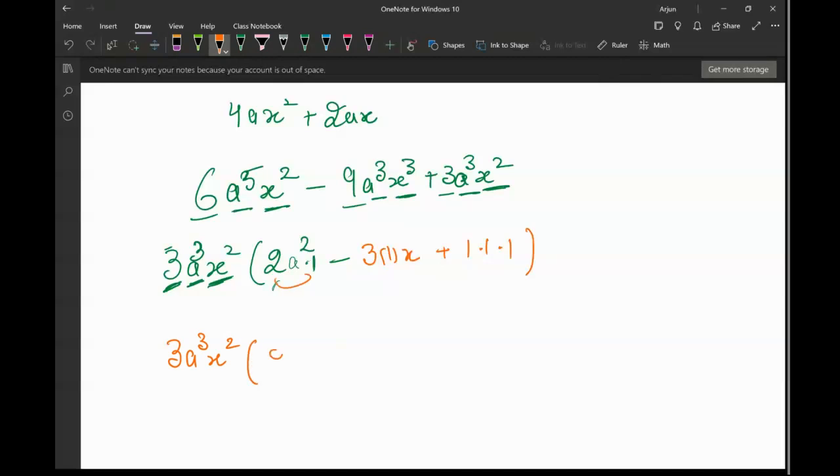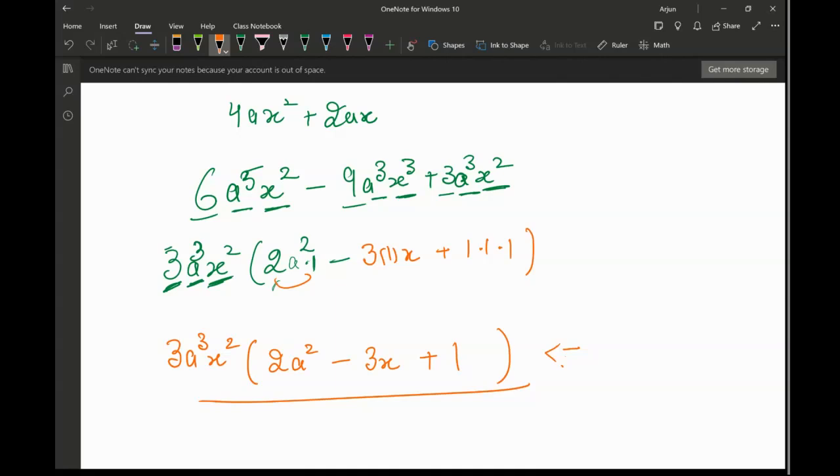This will be 2 times 1 is 2a square minus 3x plus 1. This will be your final answer for the given question.